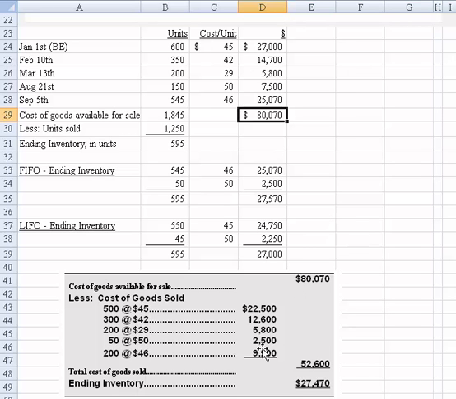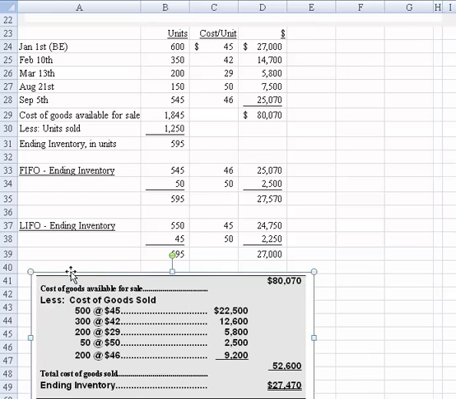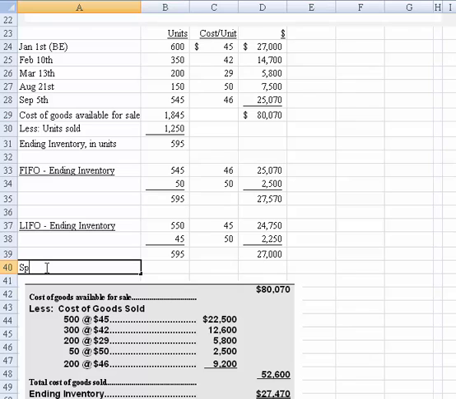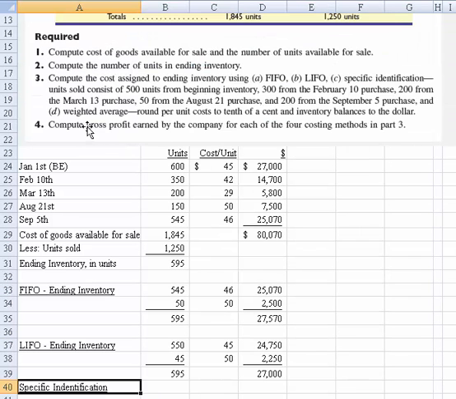And once we sum what the cost were, we can compute the ending inventory. So this here represents, let me put this down here, and I will call this specific identification. Now I said that they asked for 3 approaches, but as I was looking at that, they want a weighted average. So let's tackle that one next.